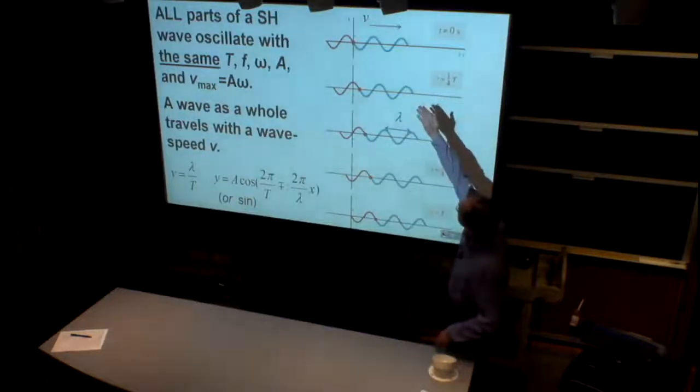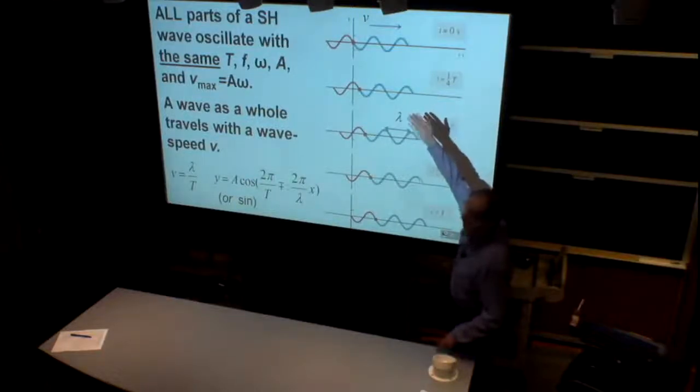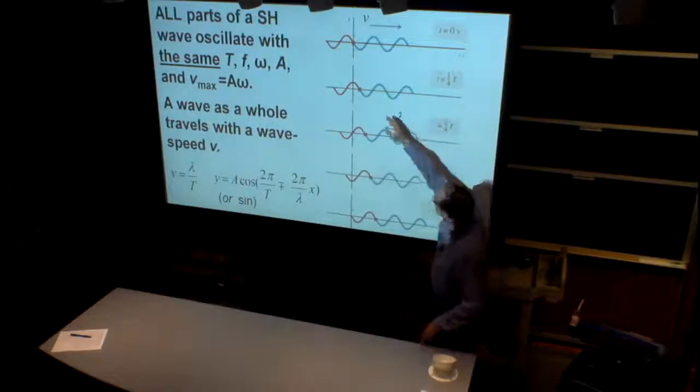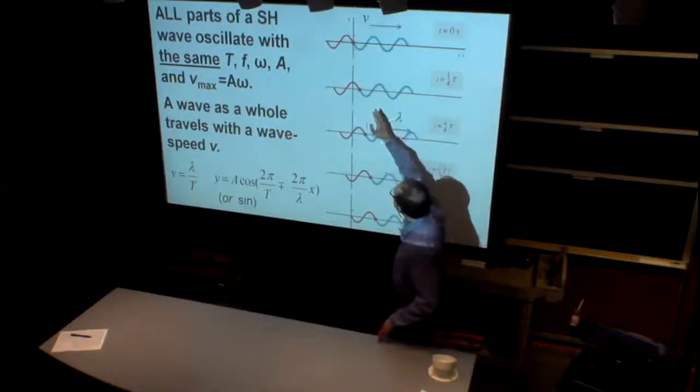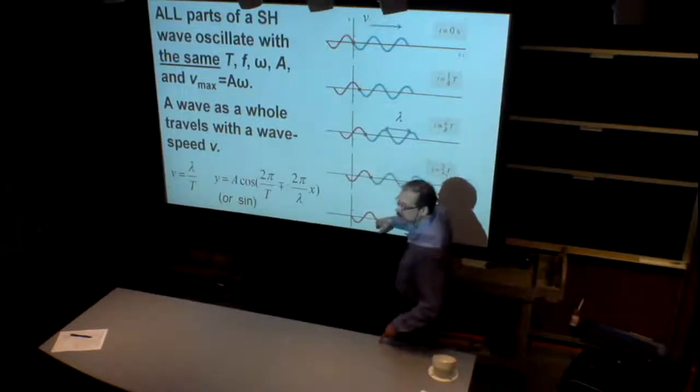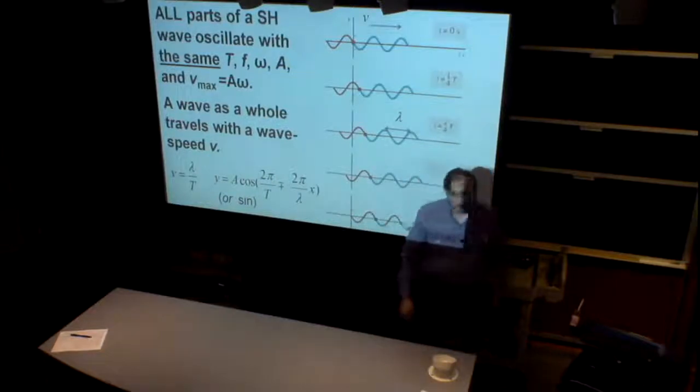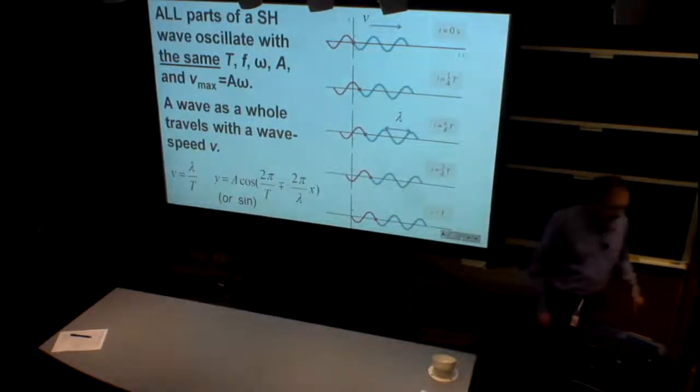So there is the initial instant. Then we close our eyes and in a quarter of a period open, and we can see that the whole wave shifted by a quarter of a wavelength, and then another quarter, and then another quarter, and then another quarter. So in one period, it travels one wavelength.